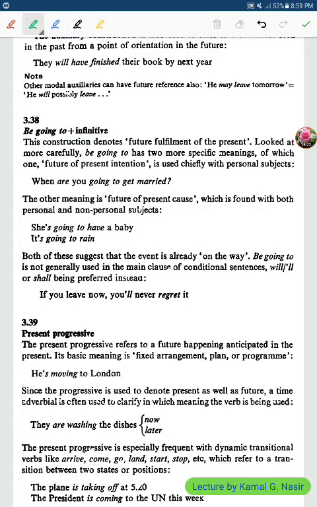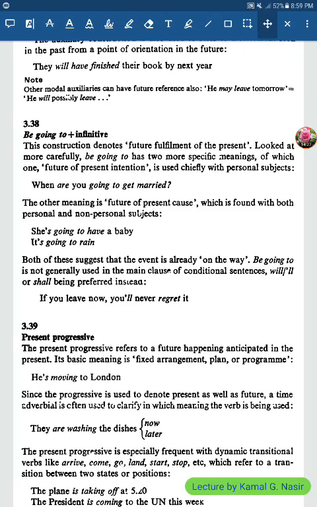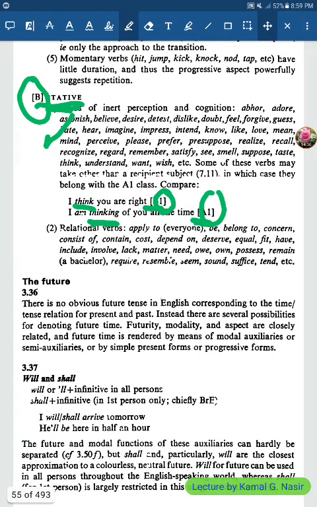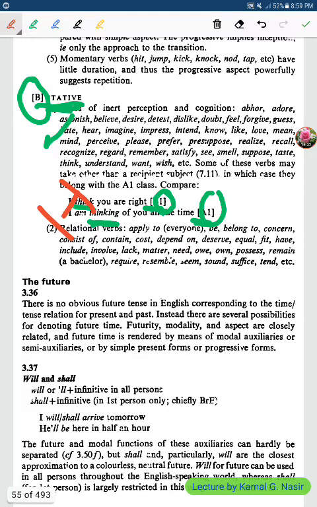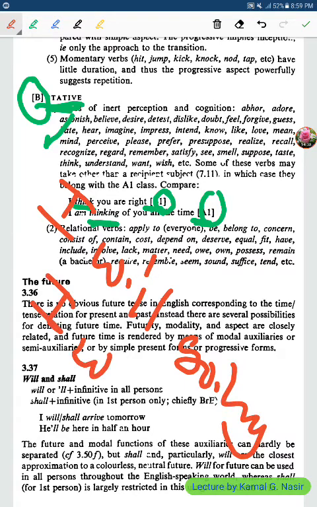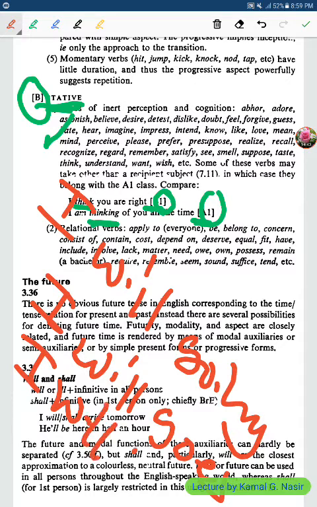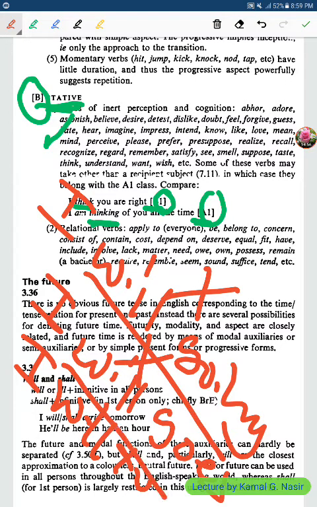There is something important you have to remember. I see that some of your students say I'll going, or I will going, or I will goes, or I will to go. All these structures are wrong. After will, you do not use going or goes or something like this.